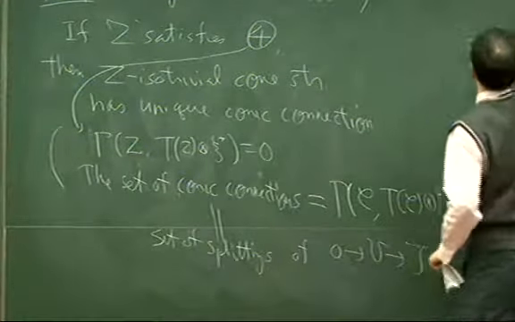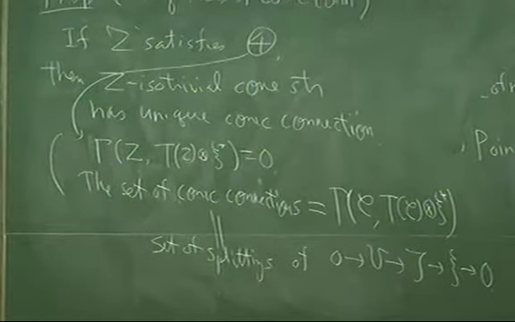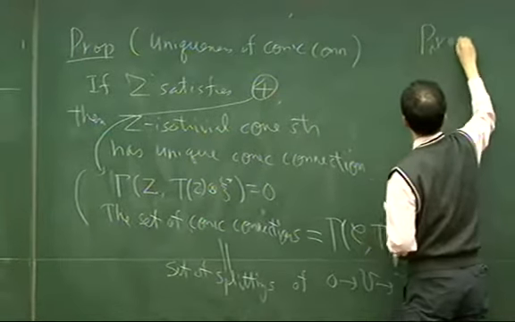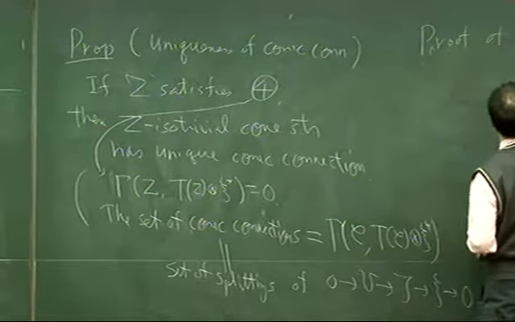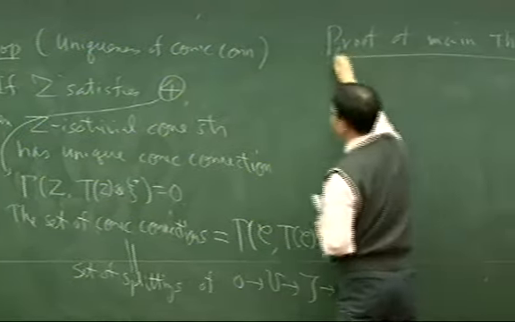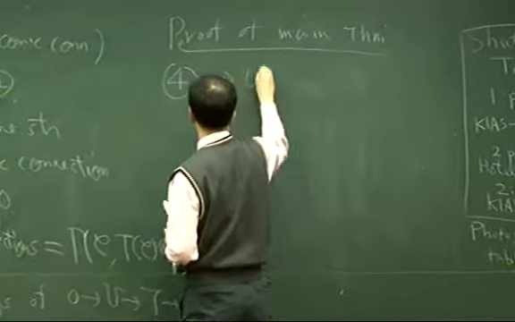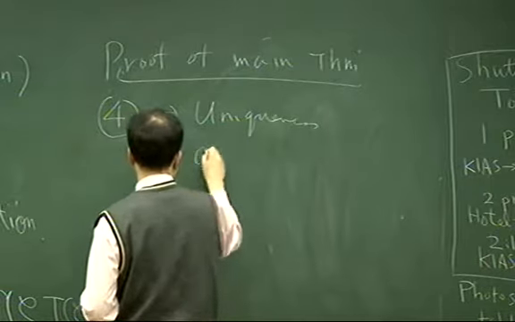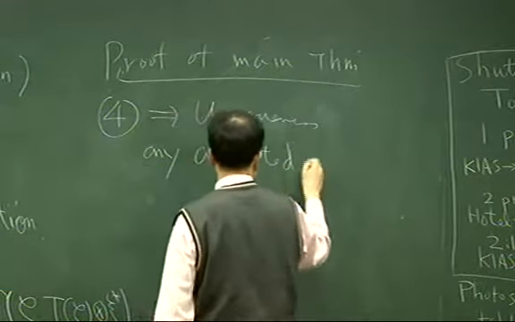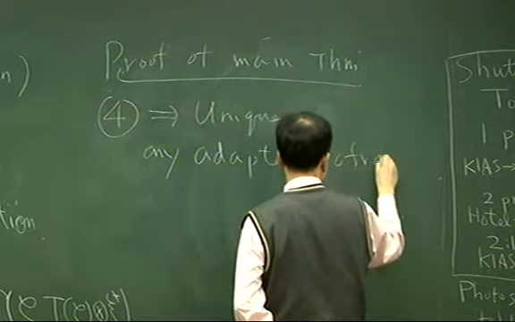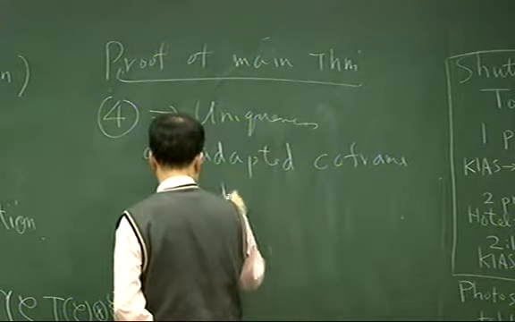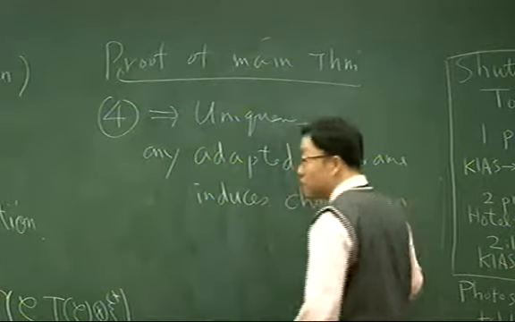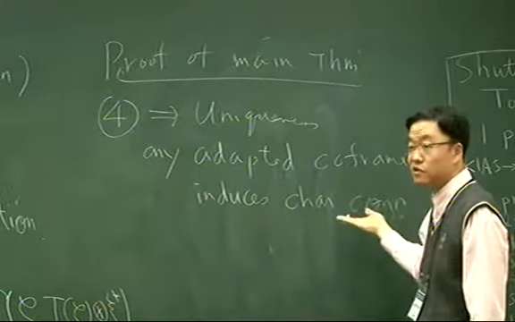Oh, so I have to go back. So the proof of the main theorem: this condition 4 gives the uniqueness. So any adapted coframe induces a characteristic connection, because there's a unique conic connection, and we assume that there's a characteristic connection.